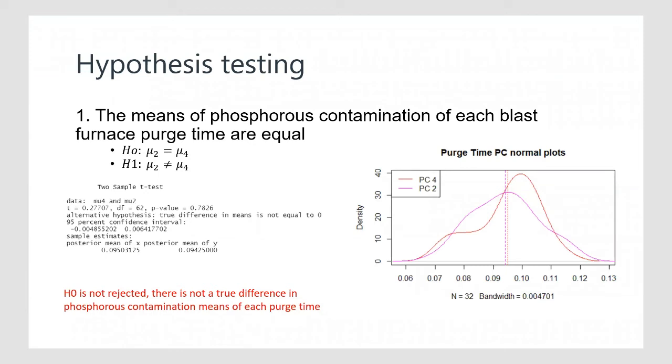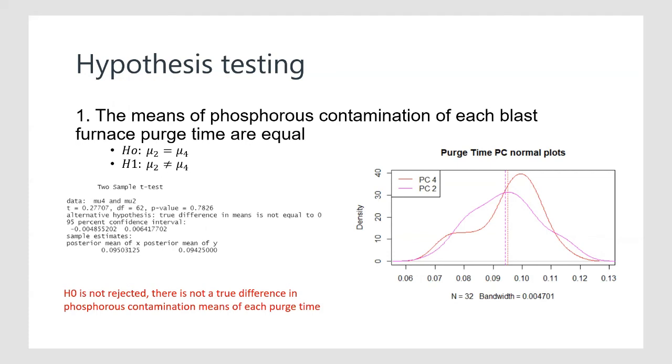For hypothesis testing, we select to do a t-test for all these samples because we are comparing samples, and we use this apart from all the data presented before. For example, for hypothesis number 1, that says that the means of phosphorus contamination of each blast furnace purge time are equal, we have a result of a 90% confidence interval that includes the 0.